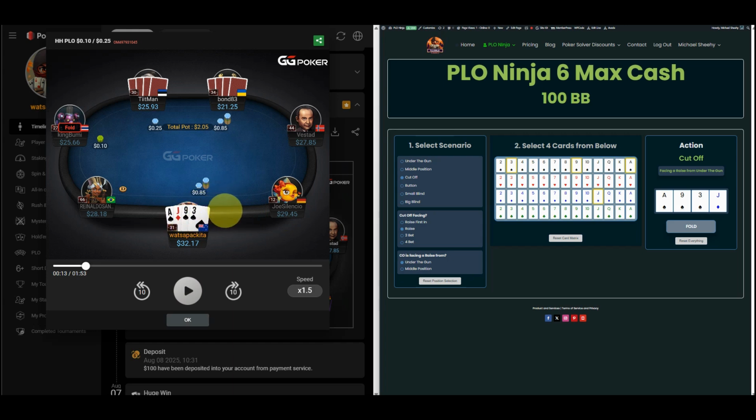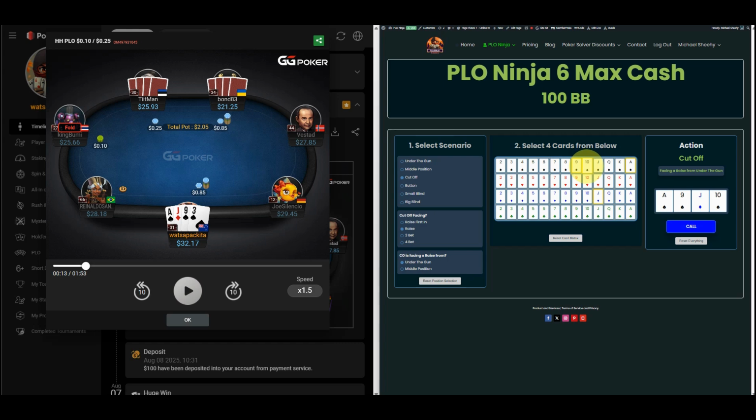The other fun thing you can do with PLO Ninja is see where the cutoff points are and what you should be calling with. By that I mean, if we get rid of the three of spades and go for, say, eight of spades, still a fold. What about 10 of spades? Okay, that's a call.